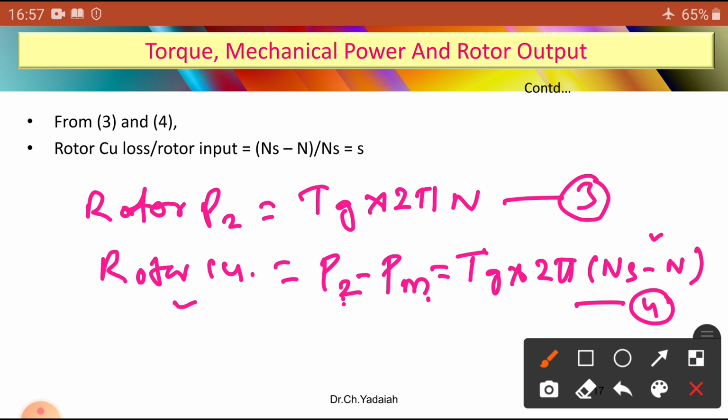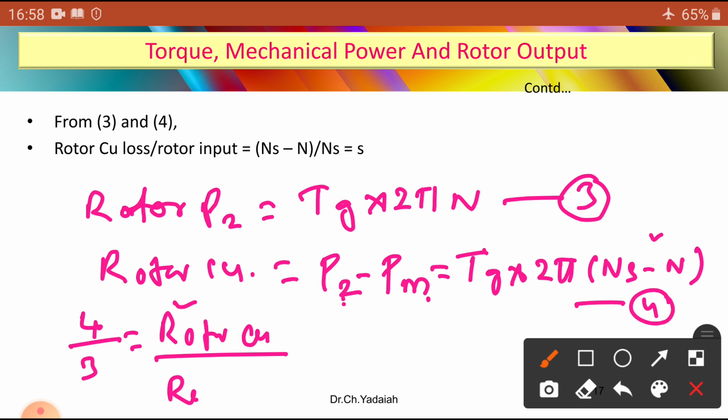Now I want to write 4 by 3. What is the 4? Rotor copper losses, divided by rotor input, which is P2. So this is Tg into 2π(Ns minus N), divided by Tg into 2πNs.